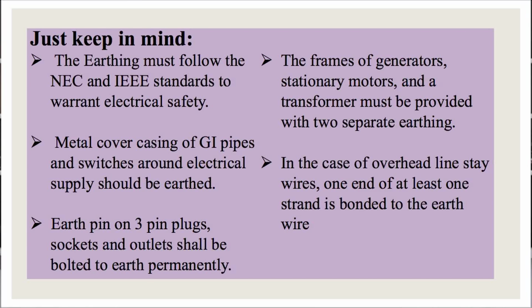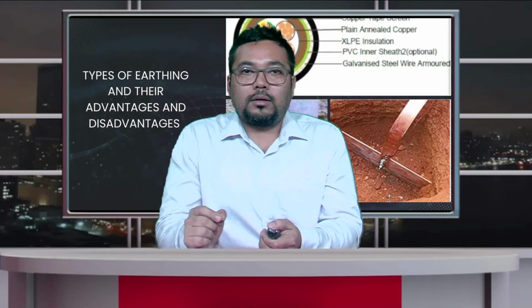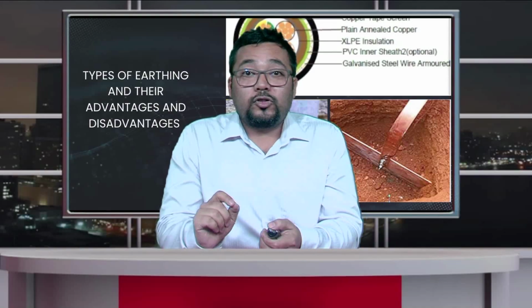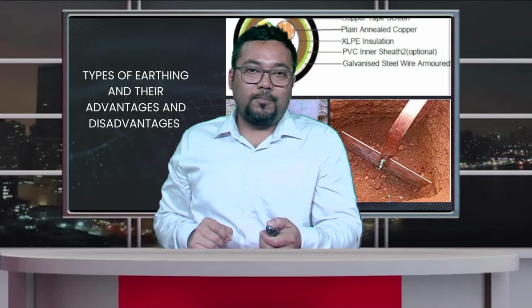Apart from this, the frames of generators, stationary motors and metallic parts of a transformer must be provided with 2 separate earthing. In such a system, the center conductor is earthed in the generating station to stabilize the voltage and hence increase safety.